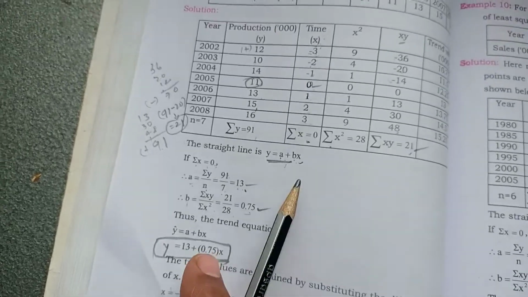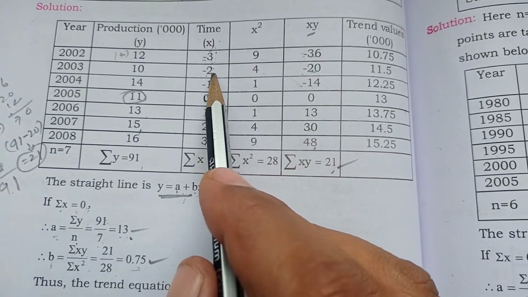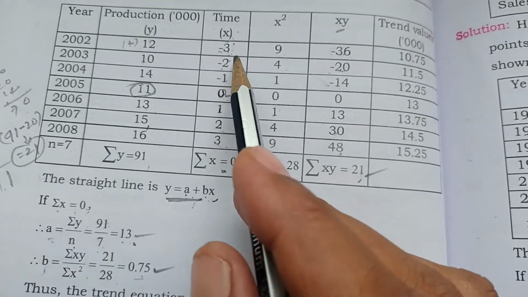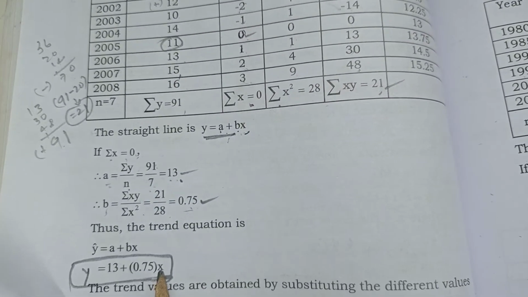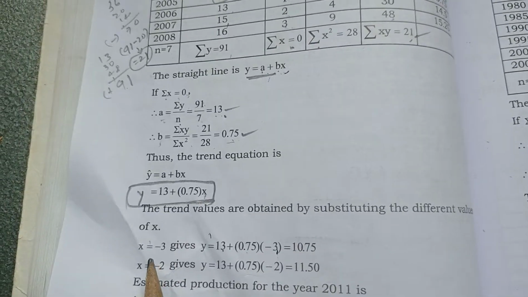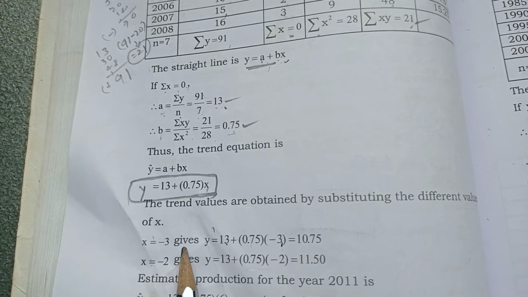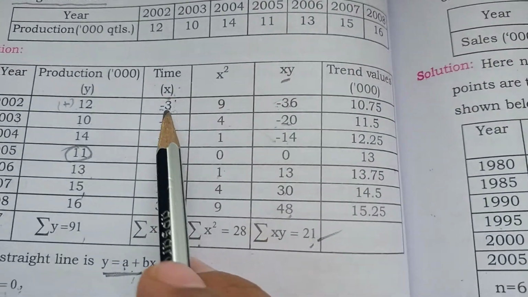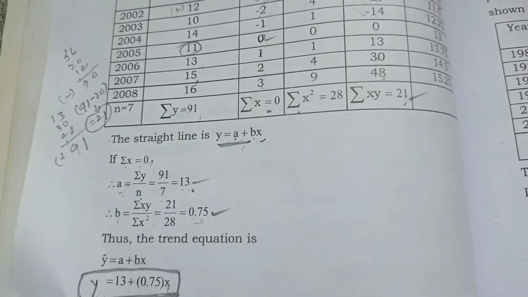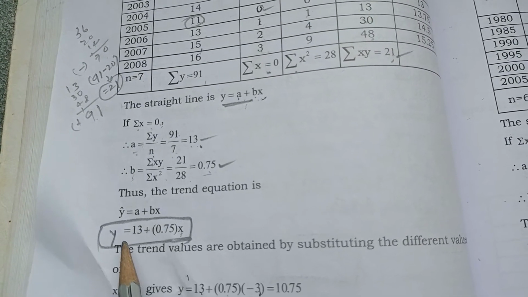What is the x value? I have -3, -2, -1, 0, 1, 2, 3. If I put all the x values here, I will get the answer. First, x is equal to -3. What is the trend line?